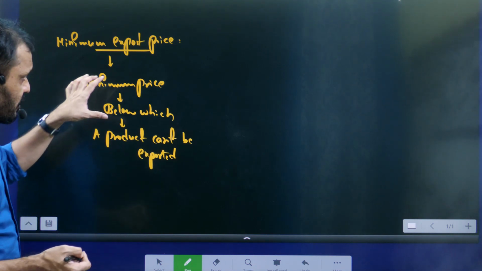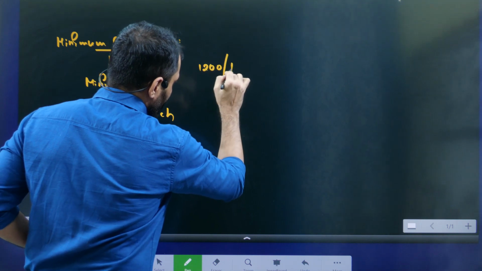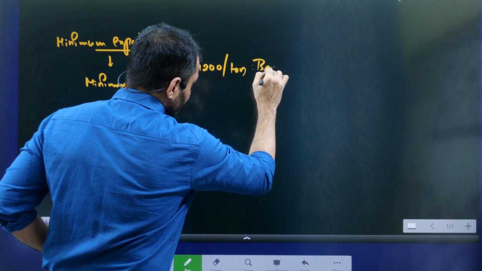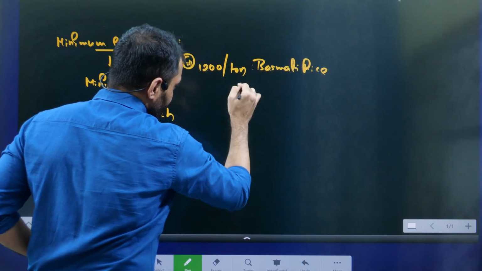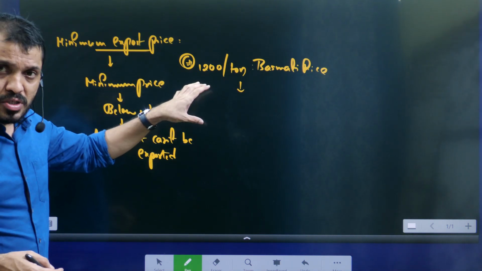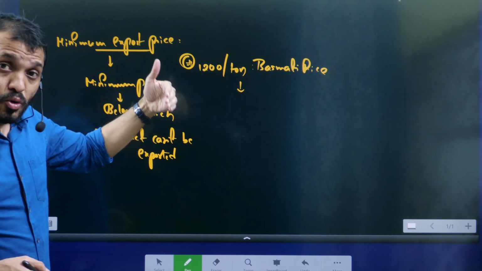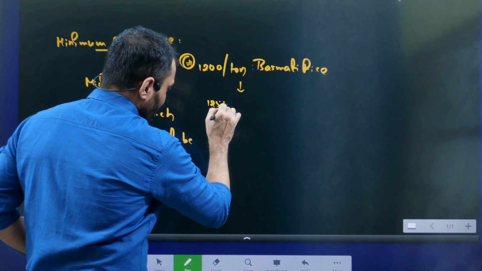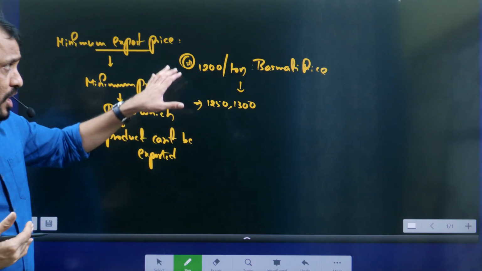For example, if the minimum export price is 1200 rupees per ton in case of Basmati rice, what does it mean? It means to any exporter, you cannot export for less than 1200 per ton. If you are getting more than 1200 per ton, for example 1250 or 1300 per ton, then you can export, but not below this.